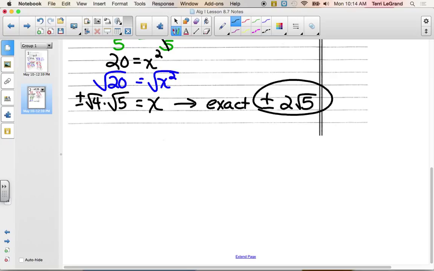And then the approximate is going to be, so we have the square root of 20 equals x. So the approximate is a positive or negative, and we round to the nearest hundredth. So go ahead and put the square root of 20 into your calculator. And what's the first 3 digits after the decimal point? 472, is that what everybody has behind the decimal point, 472?